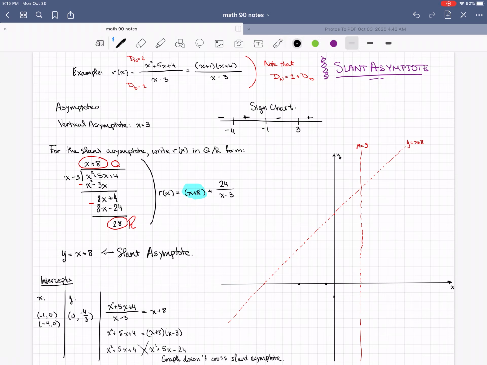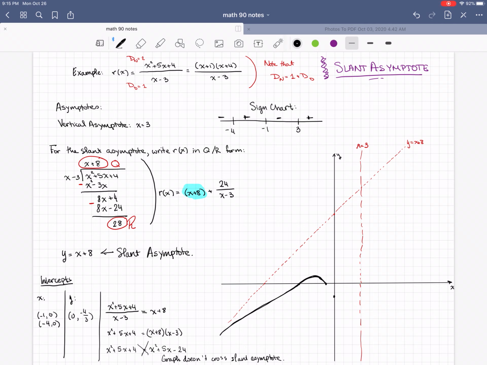So what your graph is going to do is something like this, where it's going to sort of approach and eventually get closer and closer and closer to that slant asymptote. Okay, between -4 and -1, your graph bumps up over the x-axis for a minute, like that. But then it has to come back down because it has another intercept.